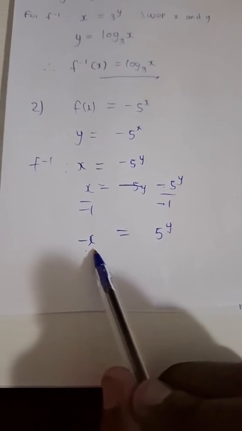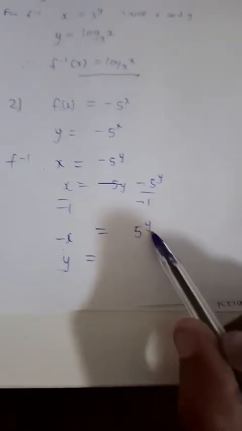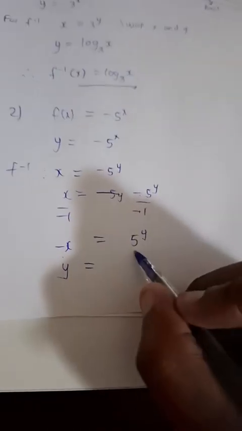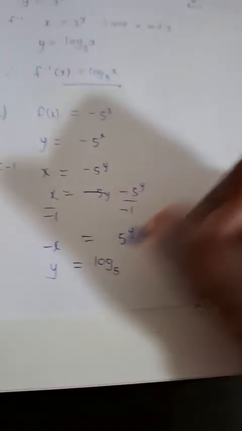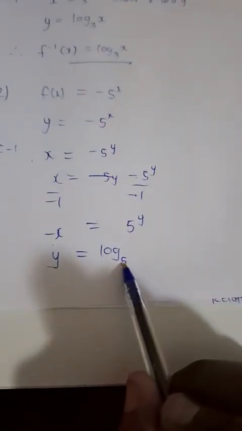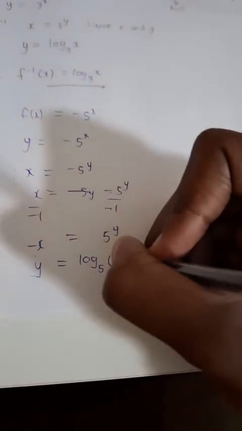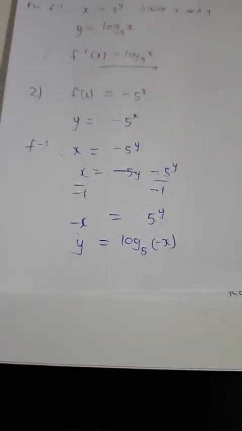Remember, when we write it in log form, y becomes the subject because the exponent becomes the subject. Then the base was 5, so we say log base 5. Then this x is negative, so we write it as negative x next to the log.